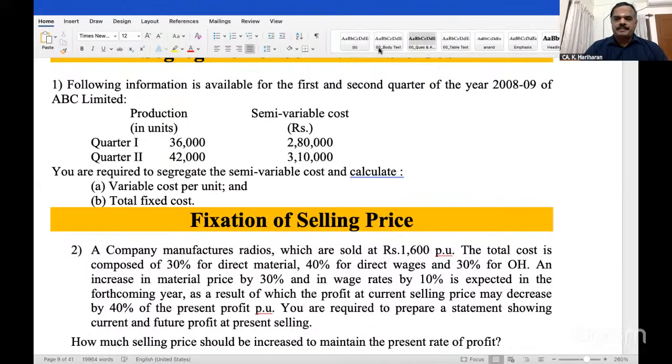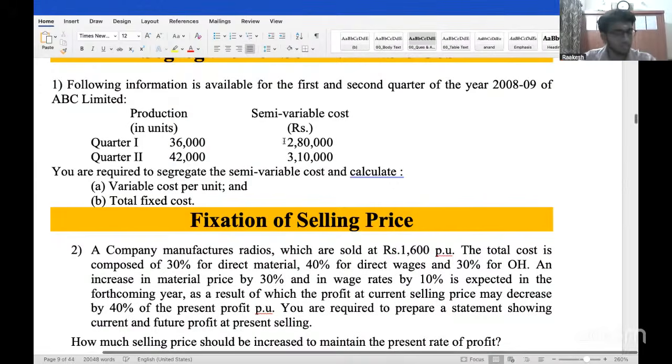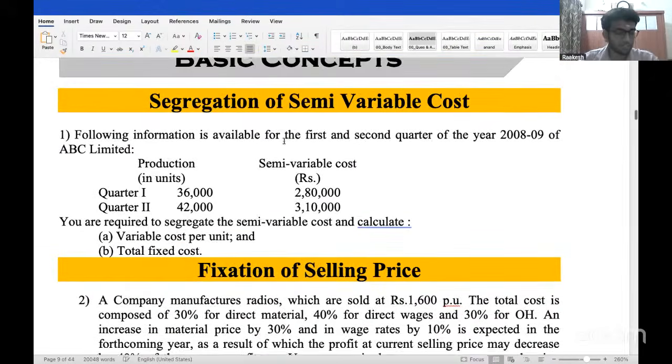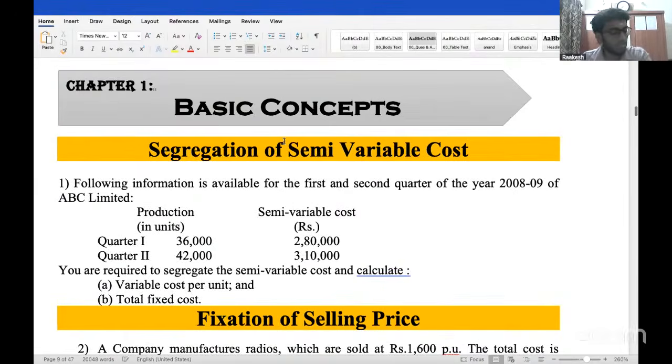Basic concept, question number 1. Segregation of semi-variable cost. The following information is available for the first and second quarter of the year 2008-9 of ABC Limited. Production in units: Quarter 1, 36,000; Quarter 2, 42,000.